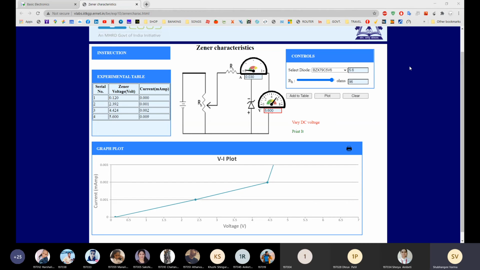But for forward bias, you have to vary in steps of 0.1, 0.2. Ma'am, forward bias silicon diode I have done that. But in reverse bias germanium diode, the current is 0 up till 29 volt, and at 30 volt it becomes 0.3, so it increases at 30 volt. Yes, it's okay.